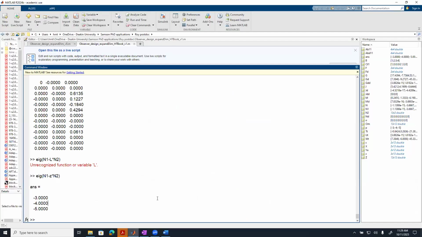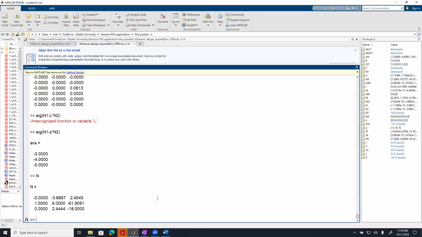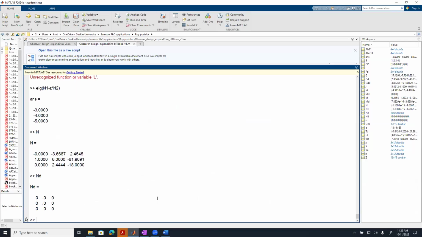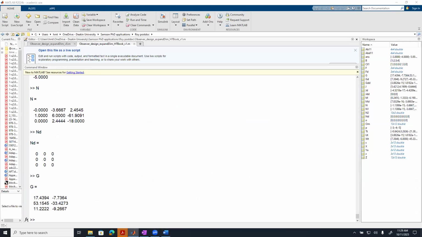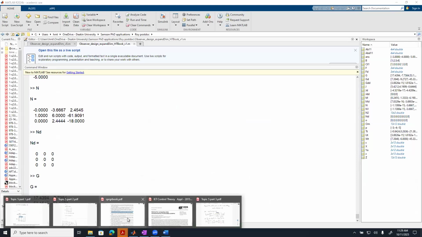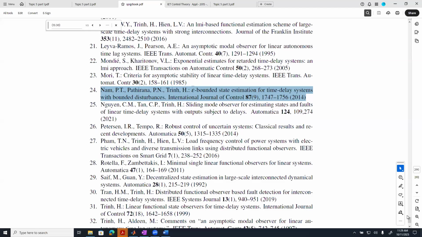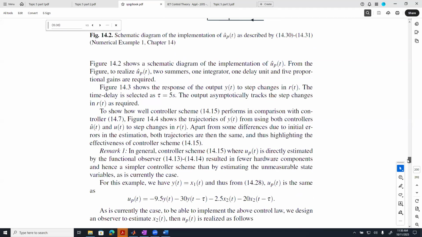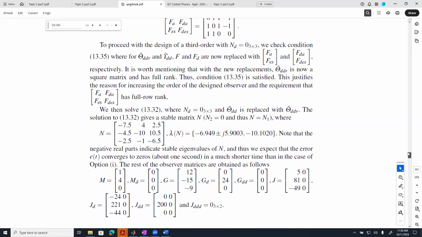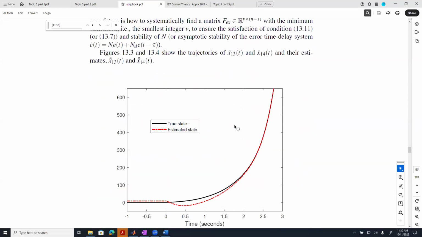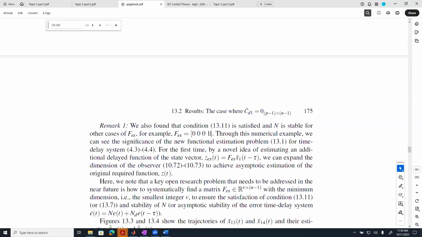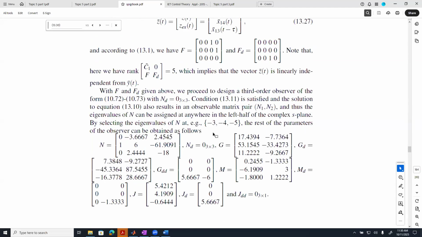And as a result, we got this matrix N, this matrix Nd, of course, and this matrix Z, and so on. So that's exactly where we get the rest of the observer parameters. Looking at that is such an amazing result that we can see here.